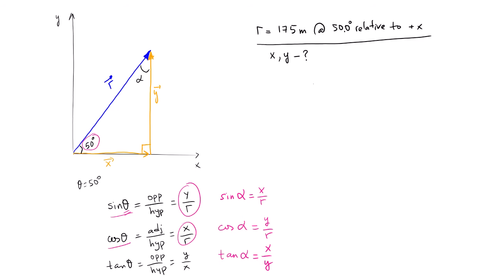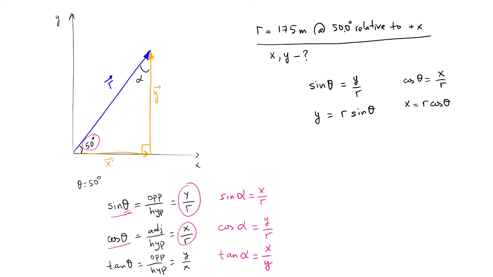So let me rewrite that in here. I will have sine theta equals y over r, and then I can find the y from here, that equals r sine theta. Similarly, I can write cosine theta equals x over r, and then x equals r times cosine theta.